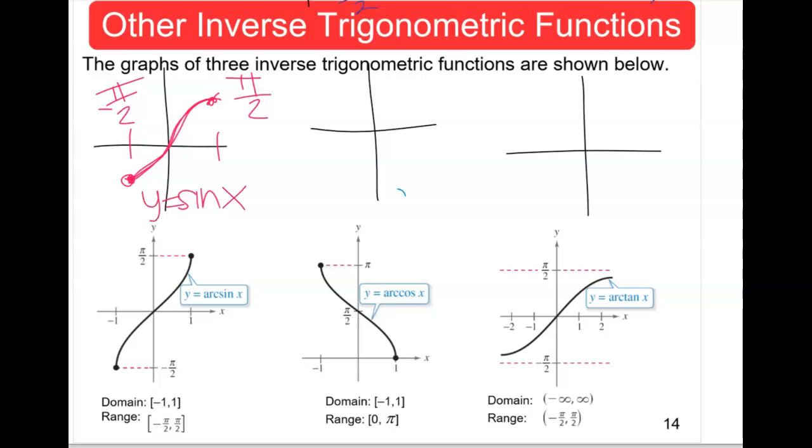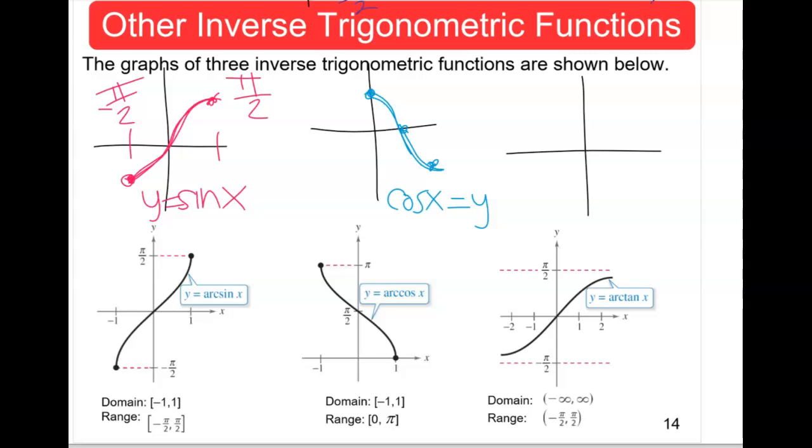For cosine of x, we restricted our graph from here to here, with an x-intercept here. So it looks like that.